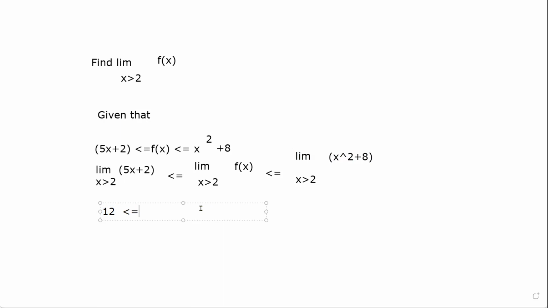That it's 12. Yeah, exactly, because it's bounded by two functions whose limits are 12. Got it. That's what it's saying, okay? And that's essentially what the squeeze theorem is saying to do.